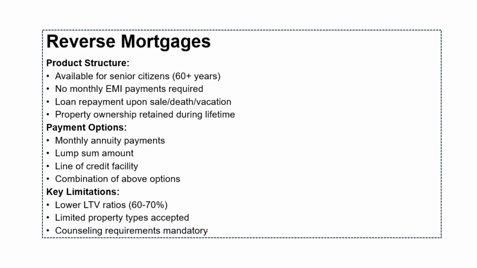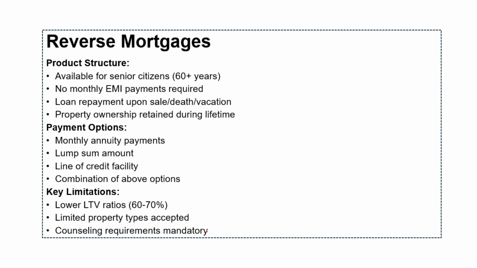Then we have reverse mortgage. Now, reverse mortgage represents a fundamental shift from traditional lending, allowing senior citizens to convert property equity into income without monthly EMI obligation or ownership transfer during their lifetime. This product addresses the common problem of asset-rich, cash-poor seniors who own valuable properties but have limited retirement income.